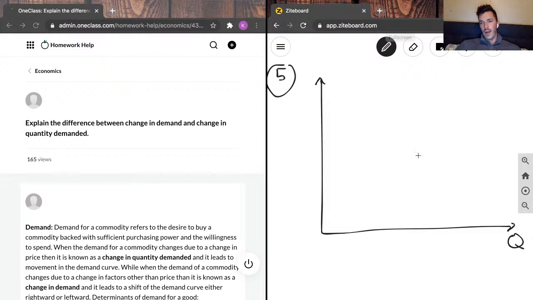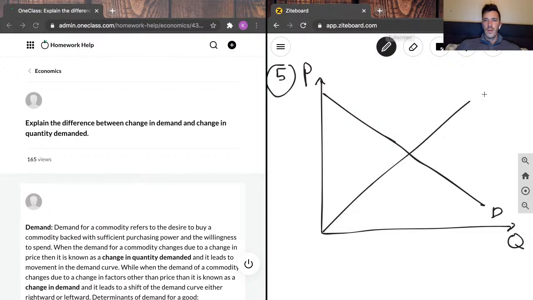So of course, we're going to have our quantity on the x-axis, our price on the y-axis. Our demand slopes downwards, and our supply slopes upwards.